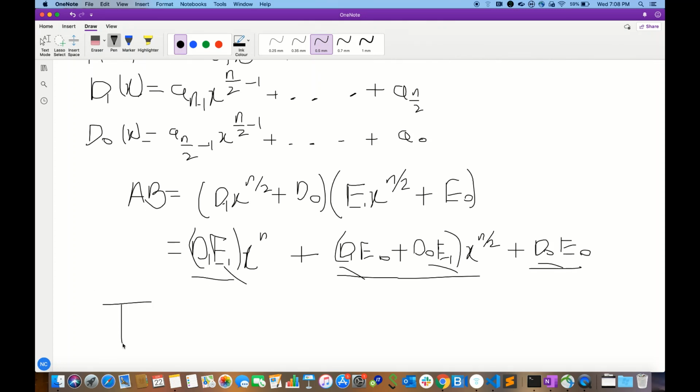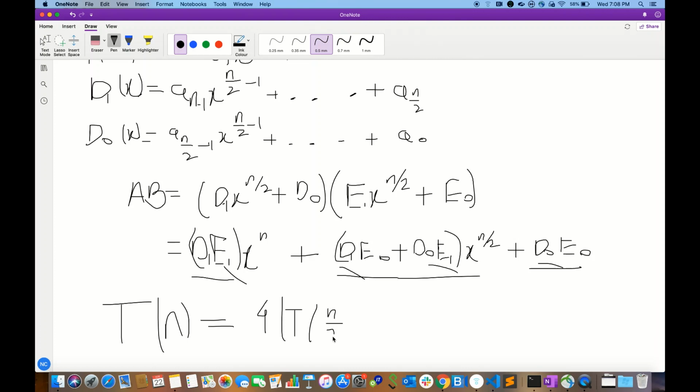let's just calculate the runtime. Tn is equal to 4 T n by 2, since we are having 4 subproblems, each of size n by 2.